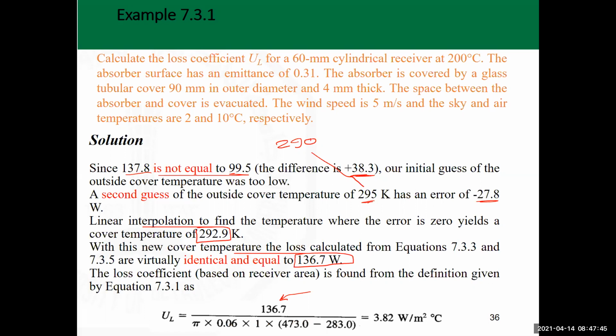Accordingly, an overall loss coefficient of 3.82 has resulted. So this is a case showing that UL is sensitive to changes in the assumed value, or the temperature variations result in significant changes in the losses and the corresponding overall loss coefficient.